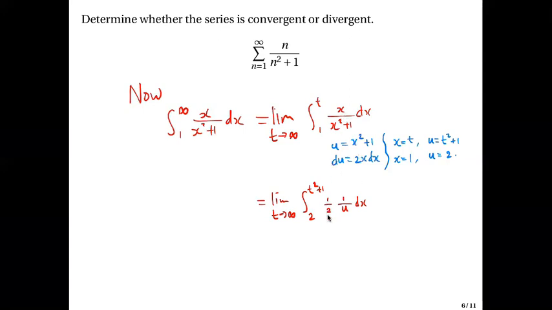So you have 1 half there coming from the x dx, and then you have your 1 over x squared plus 1, which becomes 1 over u.